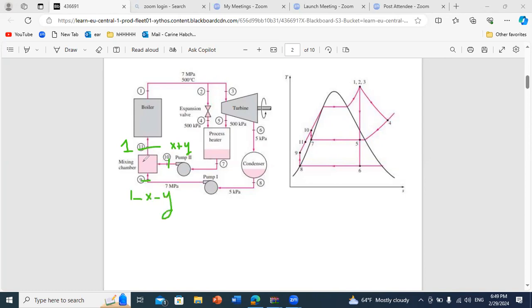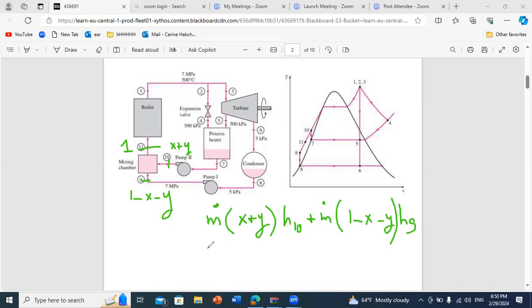So now the energy balance for my mixing chamber will be M dot times X plus Y at point 10, so times H10, plus M dot times the other fraction, which is 1 minus X minus Y, times H at point 9, is equal to M dot total, which is 1.